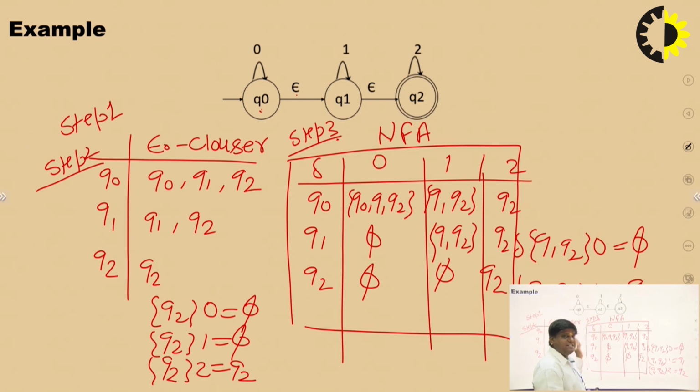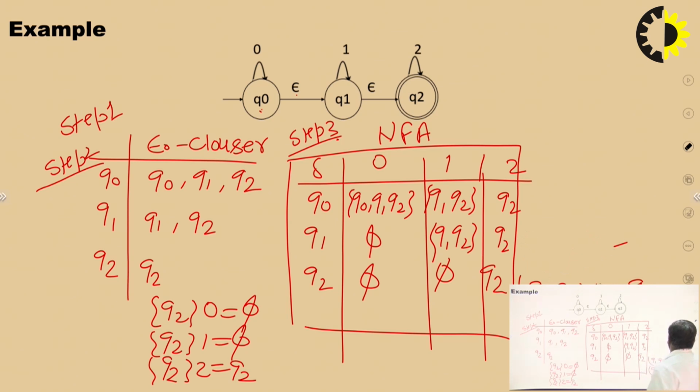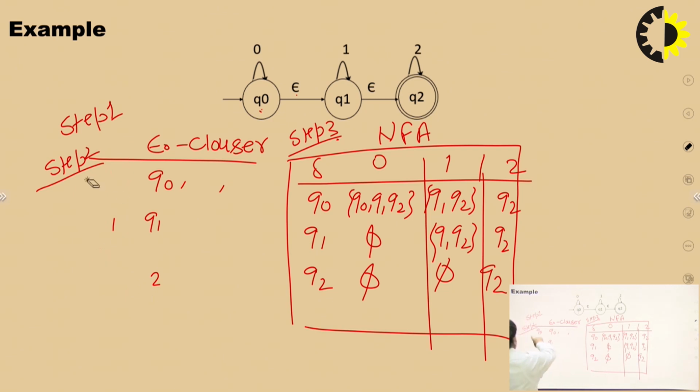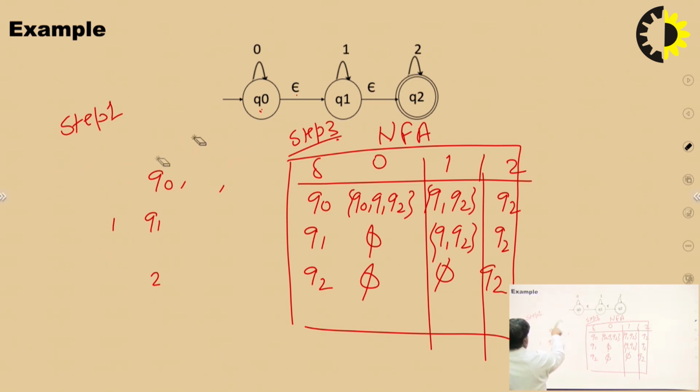Now, the second step: the NFA can be converted into the DFA. What is the procedure? There is a very simple procedure. Every NFA can be converted into a DFA. Once the NFA table has been formed, there is no need for the earlier table.